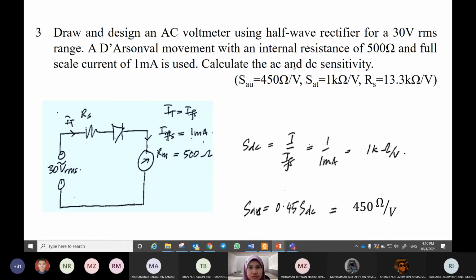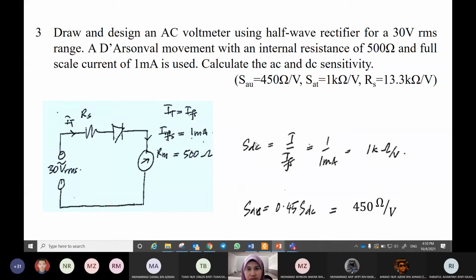The ammeter movement has internal resistance of 500 ohm, and the current flow is 1 milliamp. Calculate DC and AC sensitivity. So we draw first and then design. Design meaning that we have to find RS. Okay. So calculate AC and DC.